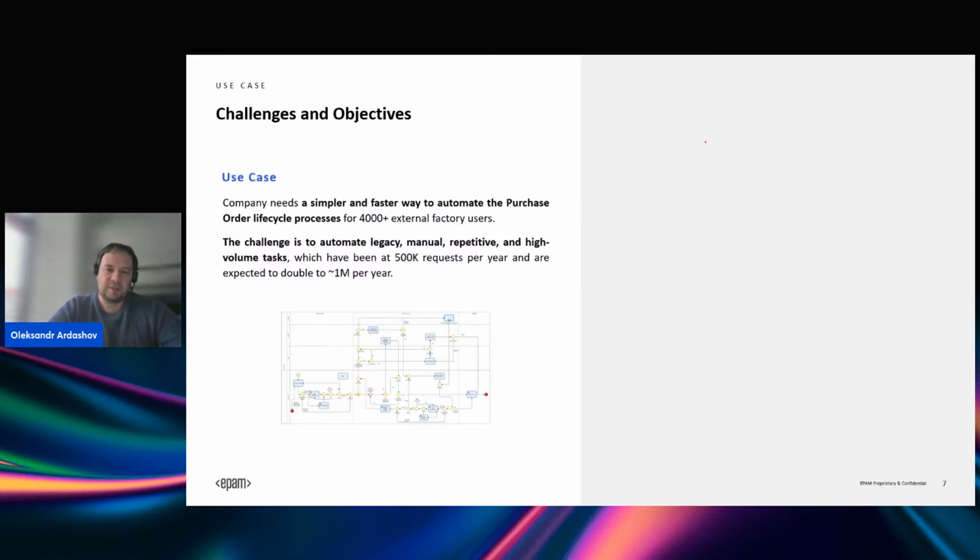And my use case is: I have an idea. I know what needs to be produced, what kind of product I want to sell, and I want to order the production of my goods.